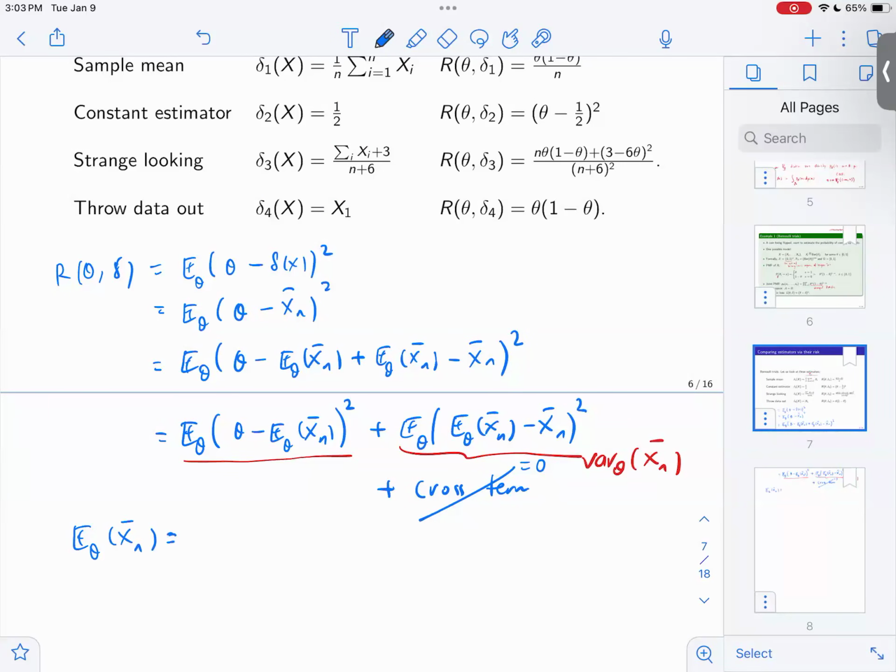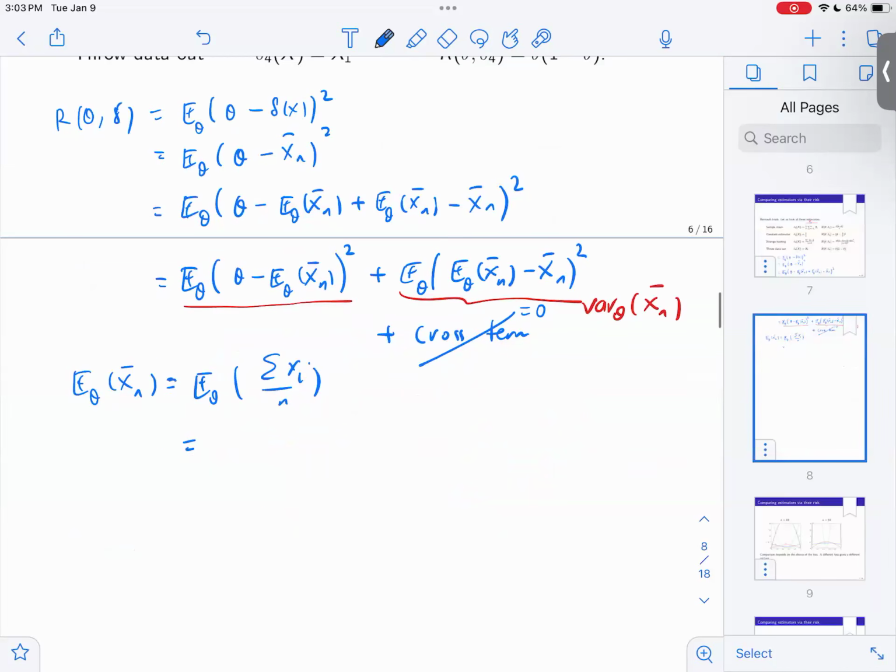You're a statistician, you probably know this by heart, but let's derive it. It is the sum of the xi's over n, so 1 over n comes out, and we move past the summation because of the linearity of expectation.